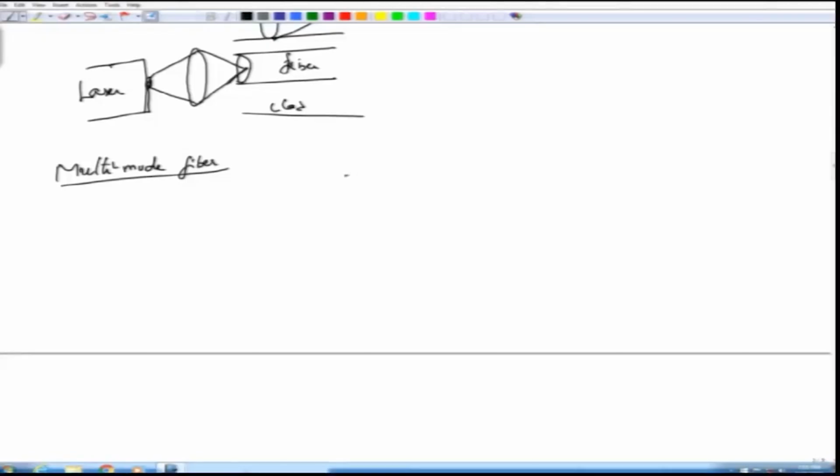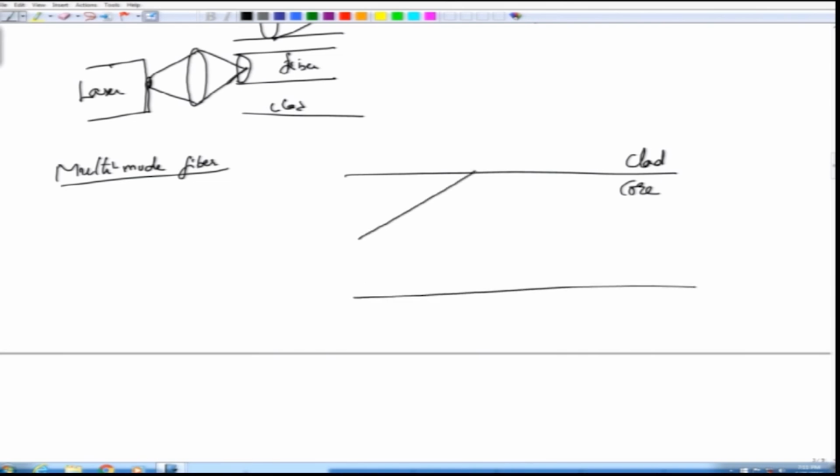So let us go back to the core cladding interface here. This is the clad and this is the core, and this is where my core cladding interface looks like, and light is coming in here at an angle of say phi 1. Suppose one more ray comes in here at an angle of phi 2, and we assume that phi 2 is greater than phi 1, and both these angles are greater than the critical angle.